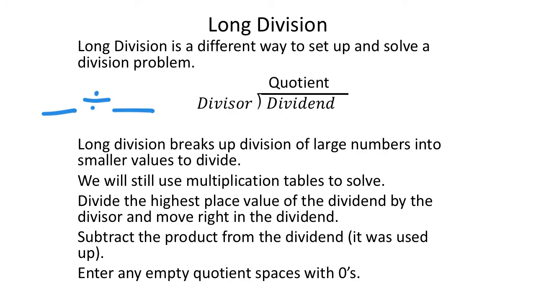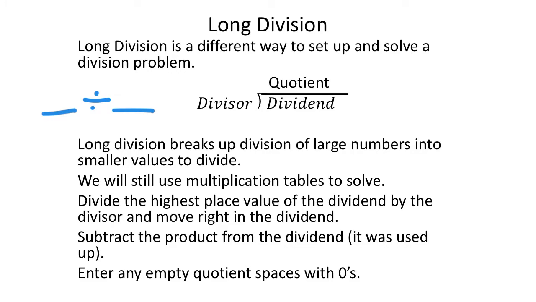With long division, you're going to start with essentially the front end of the number. I'm not talking about front end rounding, but just the number or place value farthest to the left, and then we move to the right. That's how long division breaks this up into smaller, more manageable problems for us.